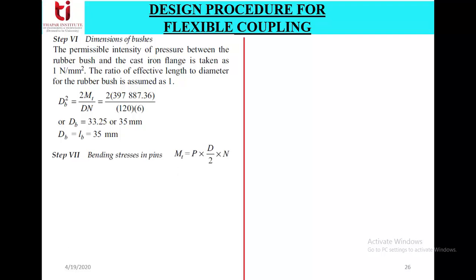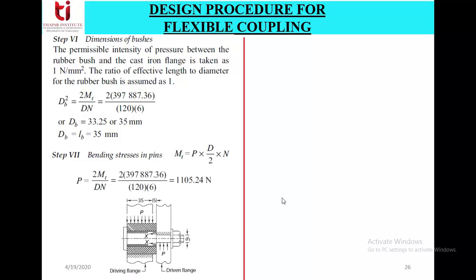Now we will go back to the bending stress in the pins. So again the same relations, we can always convert the torque into the equivalent force. So we have to evaluate P first in order to evaluate the bending stresses.